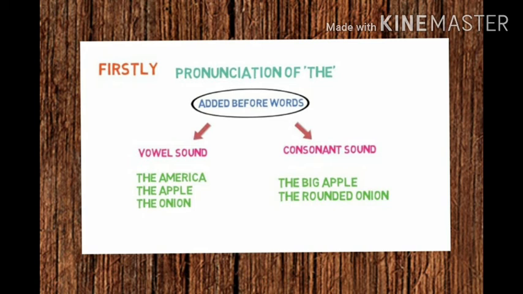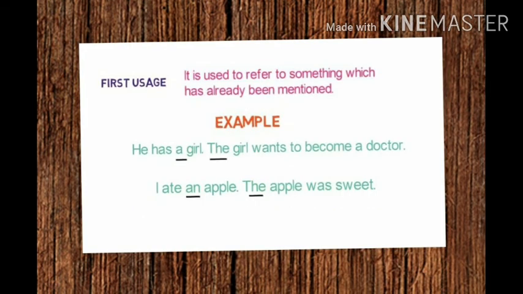Let's see the first usage. It is used to refer to something which has already been mentioned. For example, he has a girl. The girl wants to become a doctor. I ate an apple. The apple was sweet. So it is referring to something which has already been mentioned.